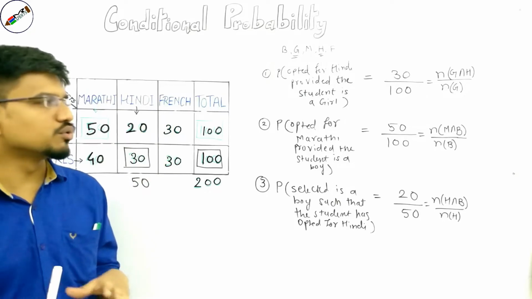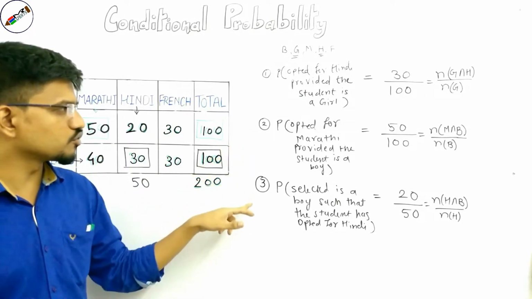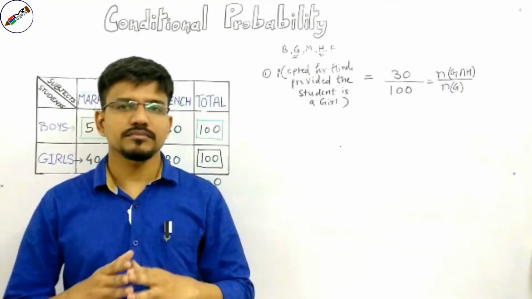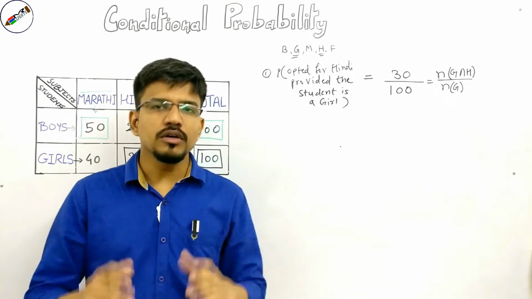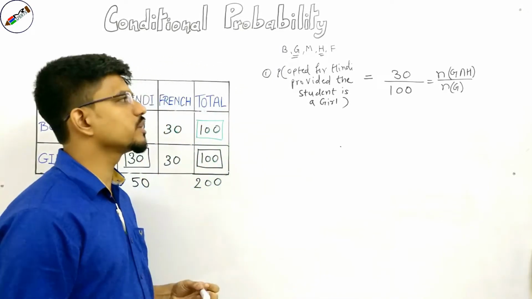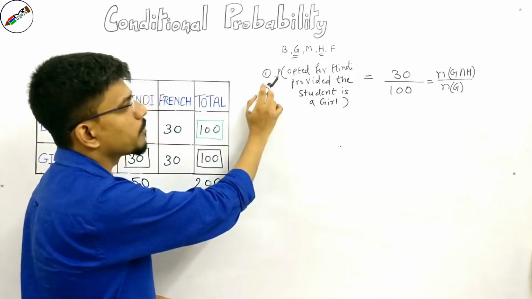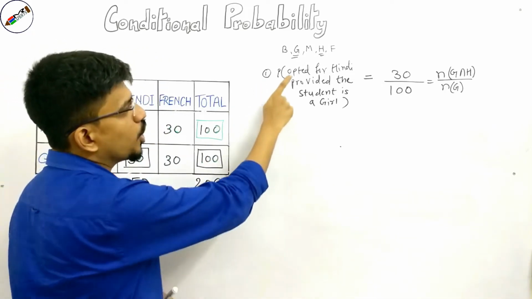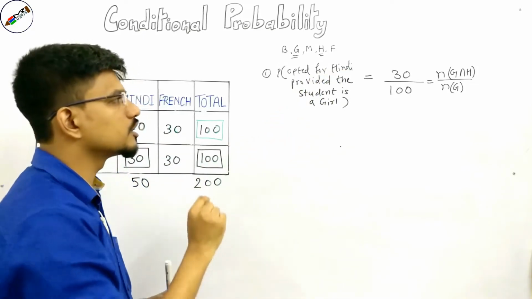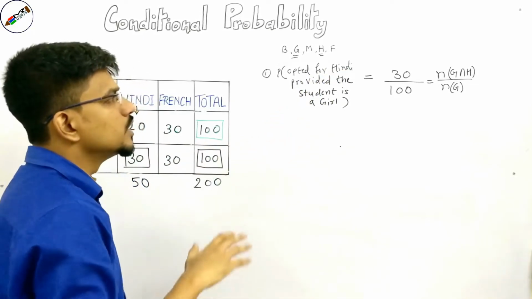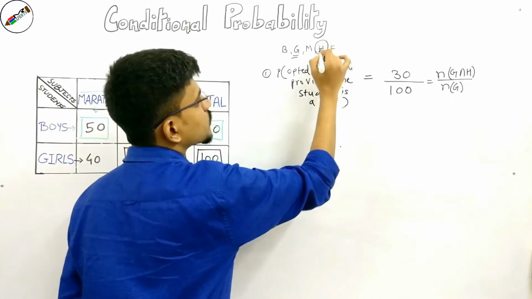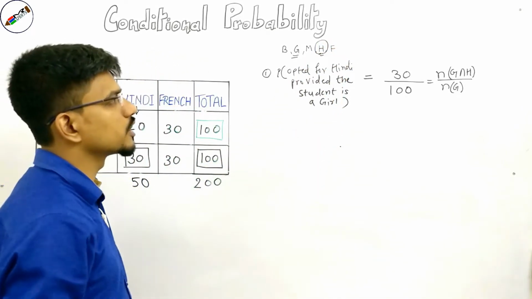Now what I would do is I would get rid of these two examples and understand this. So let us understand the representation for conditional probability. As you can see, the question is probability that student has opted for Hindi provided that the student is a girl. Now I had already told you that H represents the event such that student has opted for Hindi.